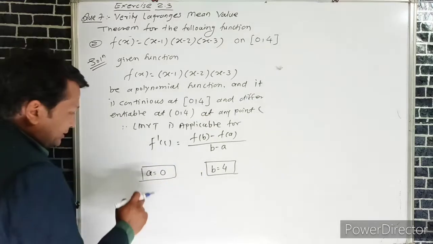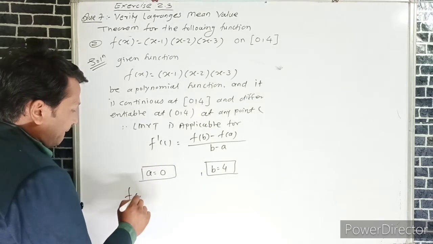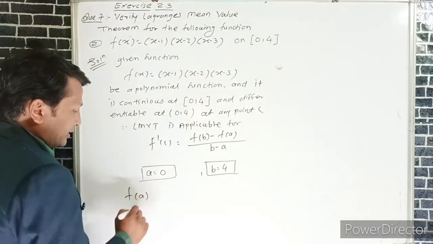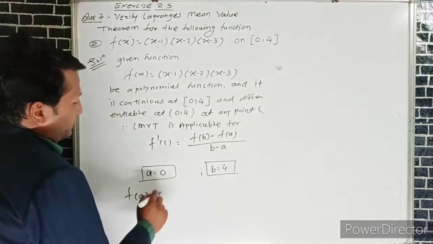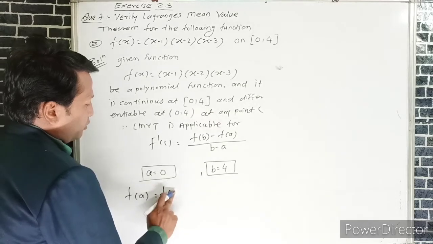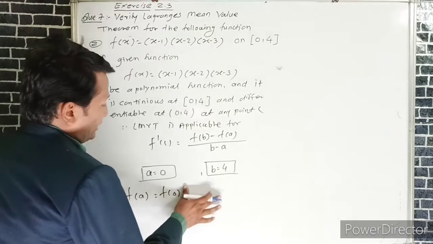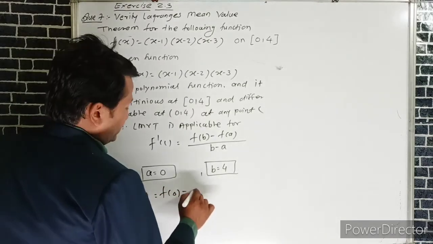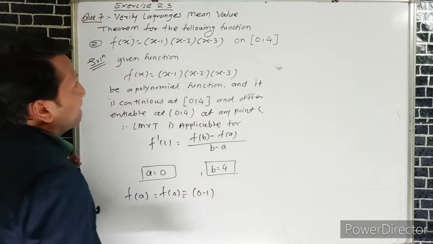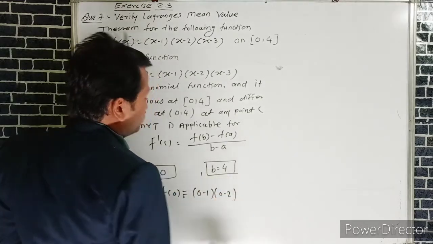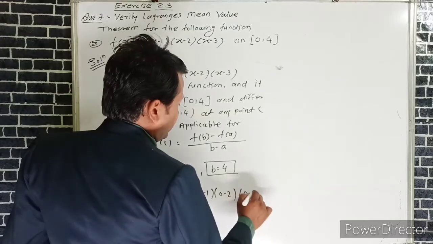First we find f(a). When a is 0, f(0) is (0 minus 1)(0 minus 2)(0 minus 3).